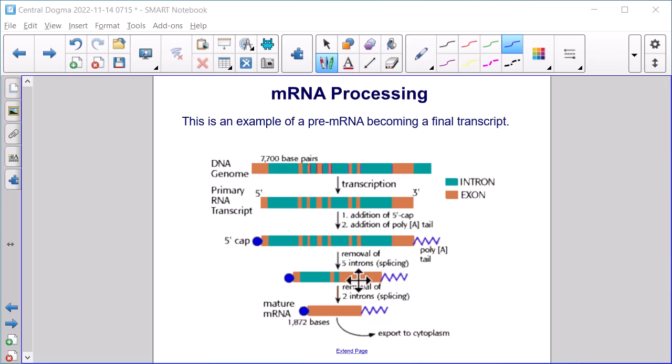And then at this point, we still have 2 additional introns. So the removal of 2 introns, spliced together. And this is our mature mRNA, which is then exported to the cytoplasm. So you see here that these introns are removed in 2 steps.